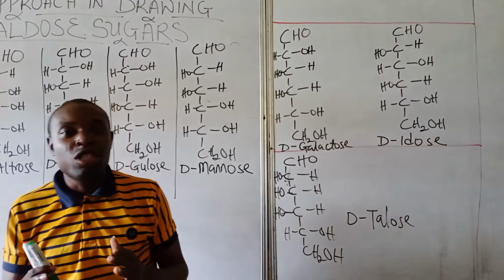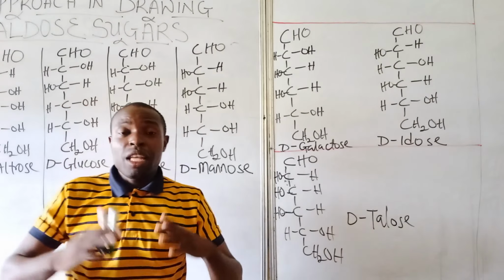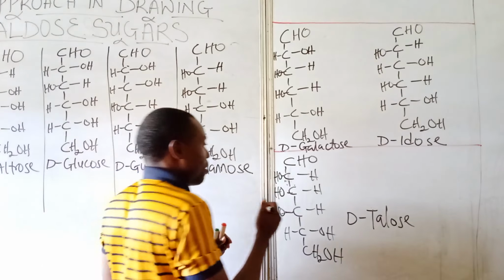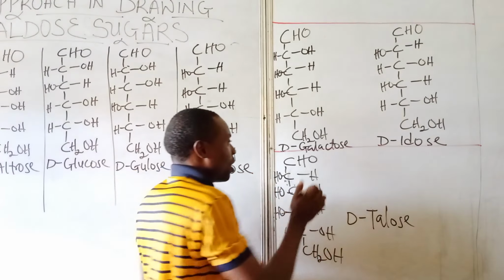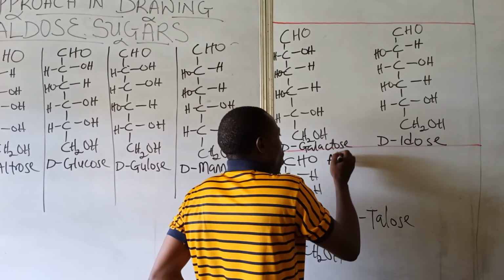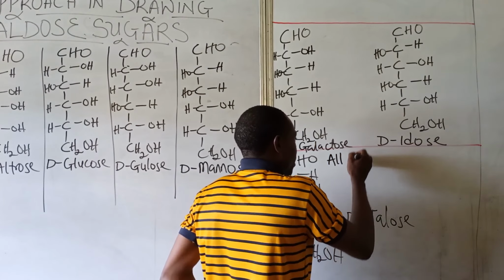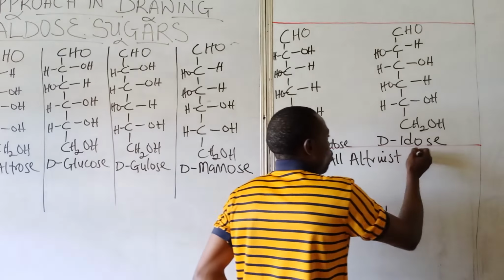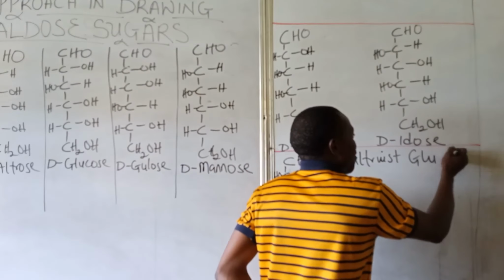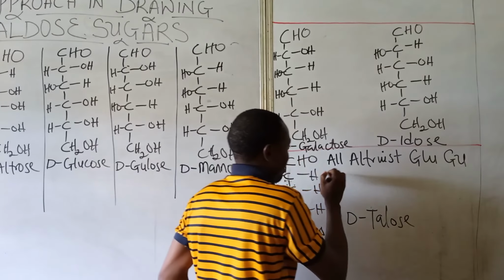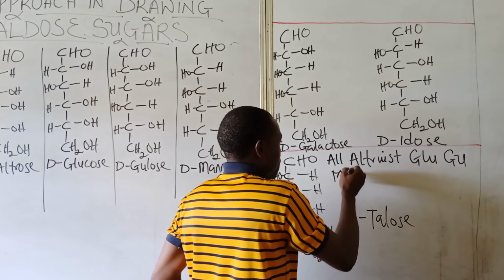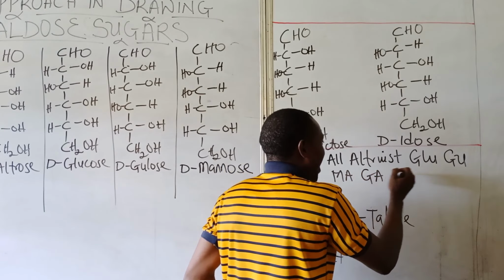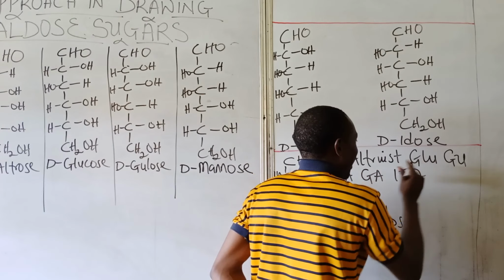There's a tool we normally use in my place in Edo State, and the shortcut I was able to derive from mine is: all altruist margarita.